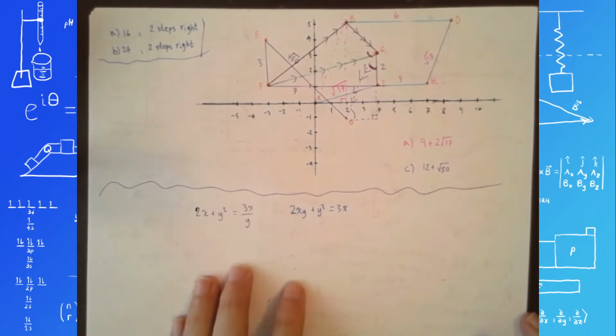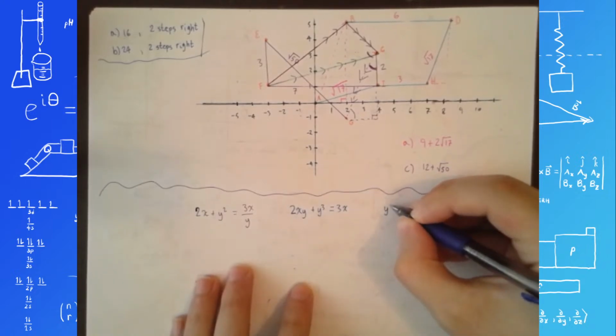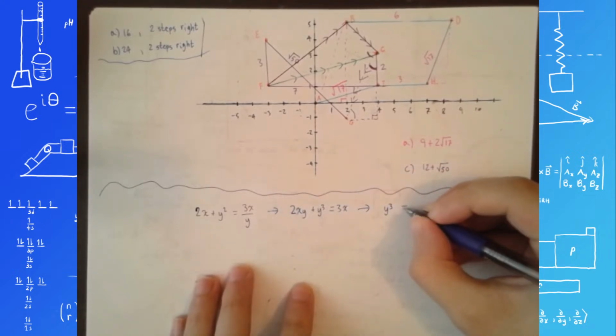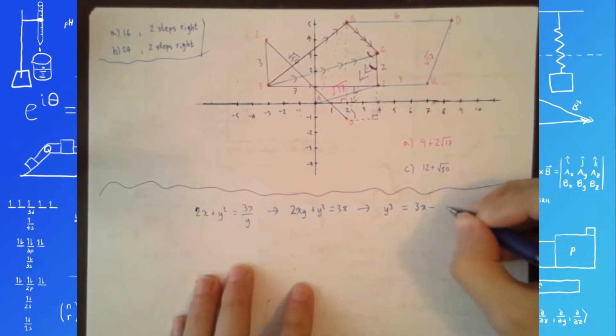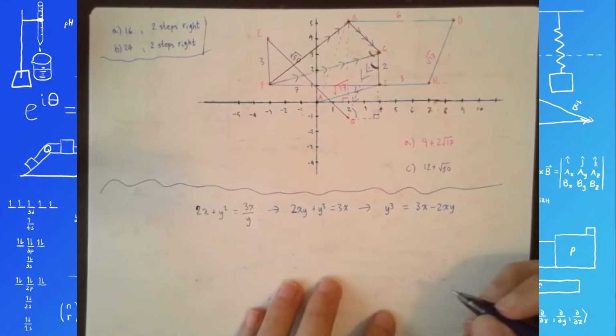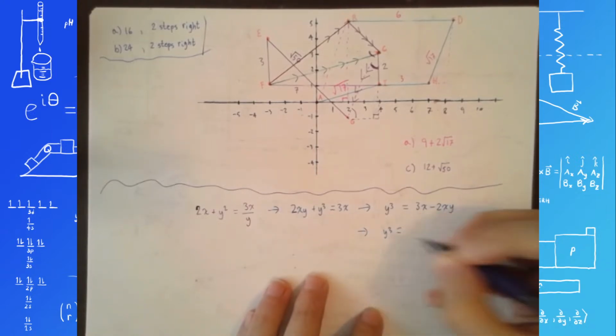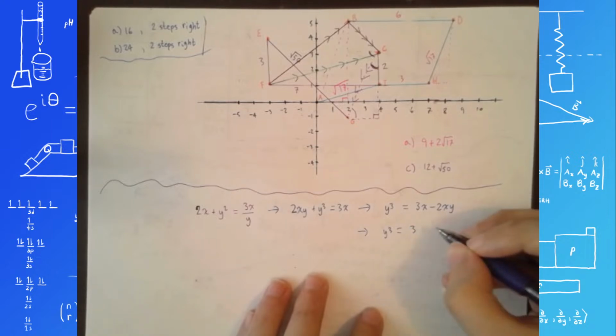Then the next step would be to group the x terms together, so I would subtract 2xy, which gives me y cubed equals 3x minus 2xy, and then factor out the x, so you get y cubed equals 3 minus 2y all times x.